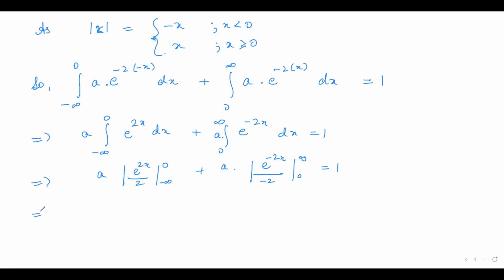As we know, the integral of e raised to the power 2x is e raised to the power 2x upon 2, and the integral of e raised to the power minus 2x is e raised to the power minus 2x upon minus 2. So after putting the values, I'll get the answer as this.